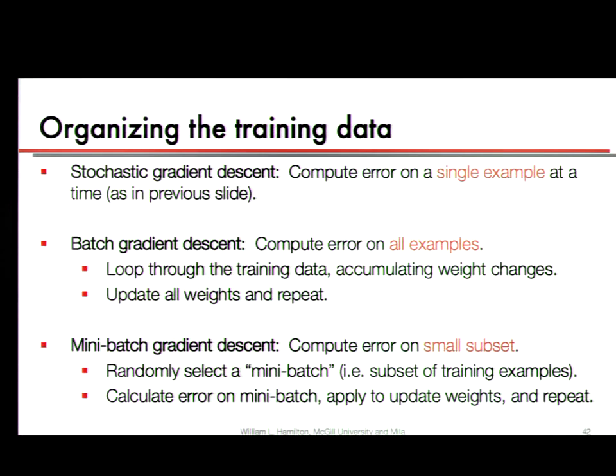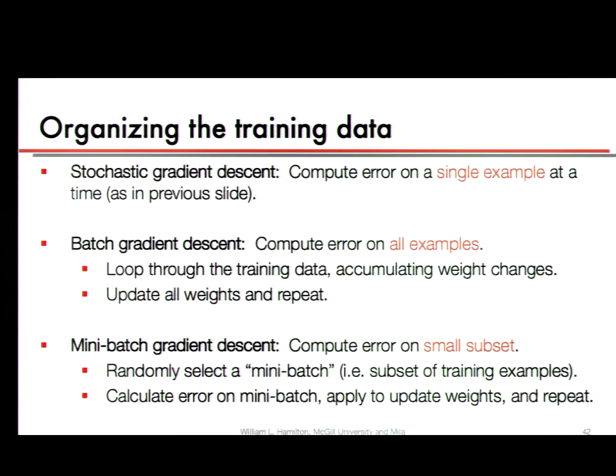So the middle ground of mini batch gradient descent is very important. And the size of the mini batch, how many examples we use to make the corrections every time, is actually a pretty important hyperparameter you have to set, like the learning rate.